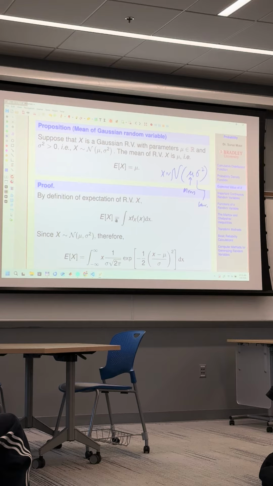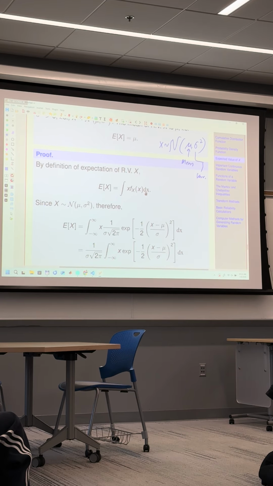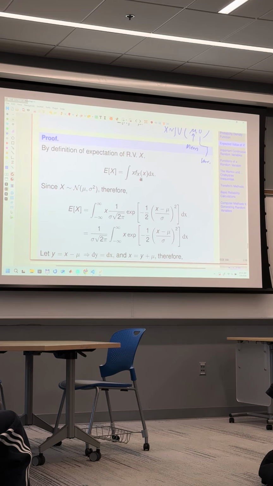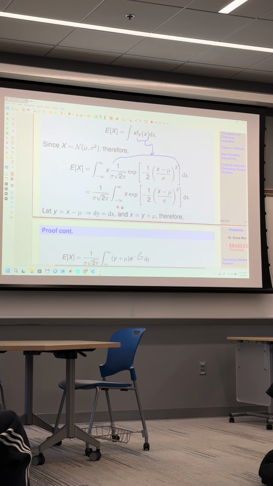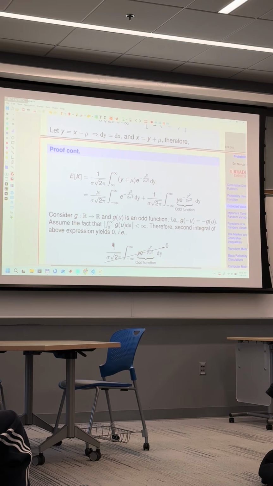And you can actually see, expectation of x is the integral of x f sub x of x dx. You substitute this PDF with this expression and this x, and you use the Gaussian integration formula and apply the result; the Gaussian integration is going to be square root of pi.